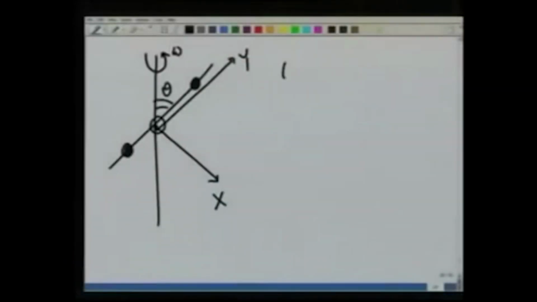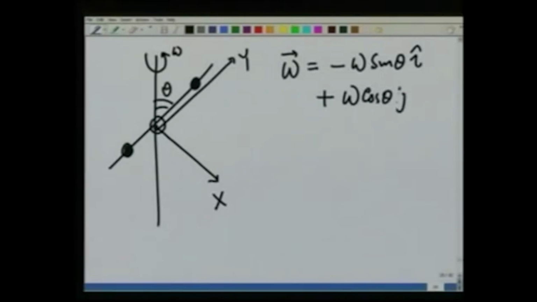Now, at this given position, omega has two components: one along the negative x axis, which is minus omega sin theta i, where i represents the direction of the principal axis x, plus omega cosine theta j, and there is no z component.